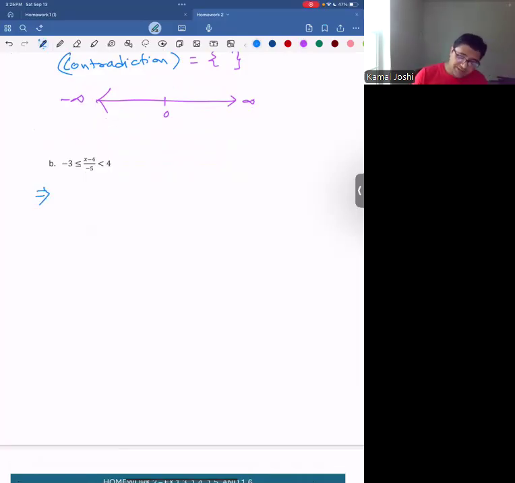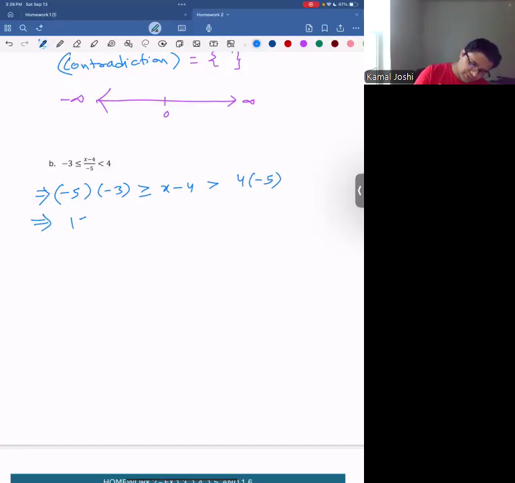Now here we have a fraction in the center. So first we need to take care of that minus 5 in the denominator, right? So what I'm going to do, I'm going to multiply throughout with minus 5. Multiply minus 5 times minus 3 and change the direction of inequality because you are multiplying by a negative number, x minus 4 greater than 4 times minus 5.